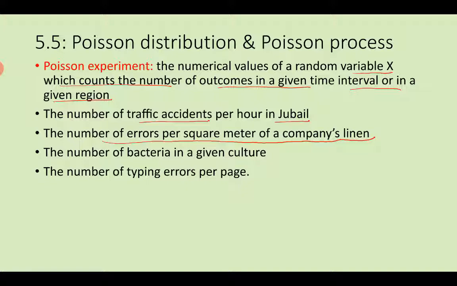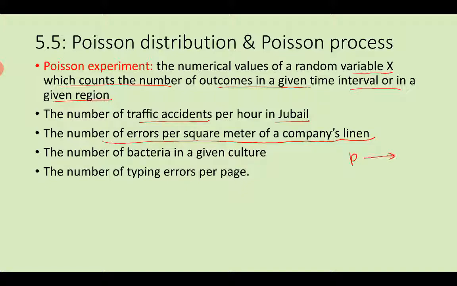Poisson distribution or Poisson process is a process that occurs very rarely. Not very often. So when you identify the examples of Poisson distribution or Poisson process, that is very clear that this process is not very often happening. It's happening very rarely.